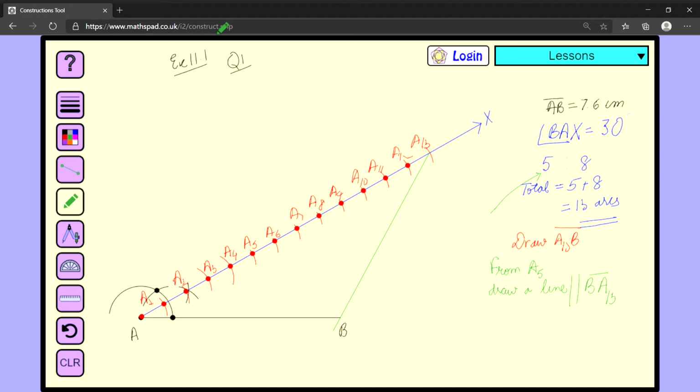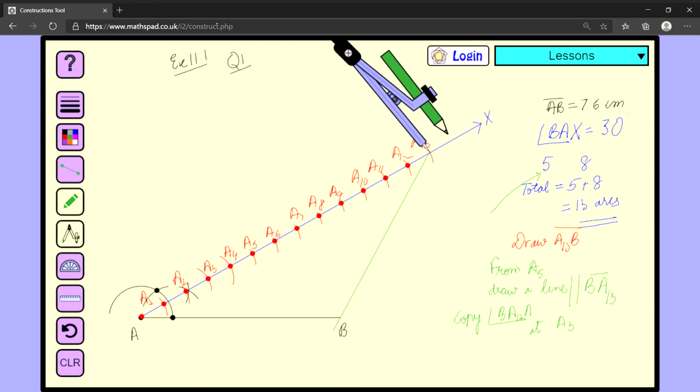For that, I'm going to use the concept of constructing corresponding angles equal. I'm going to copy the angle at A13, angle BA13A, at A5.